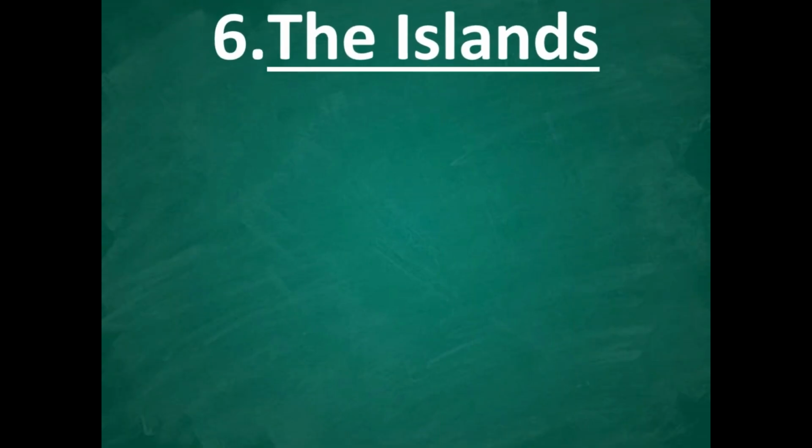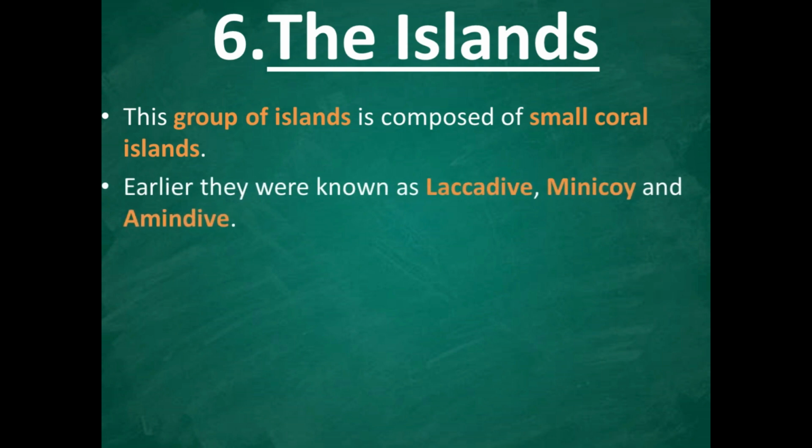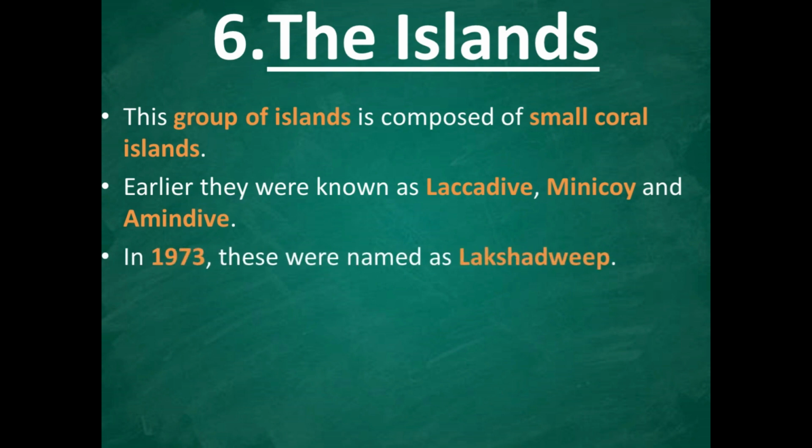We go on with the islands. This group of islands is composed of small coral islands. Earlier, they were known as Laccadive, Minicoy and Amindivi. In 1973, these were named as Lakshadweep Islands.